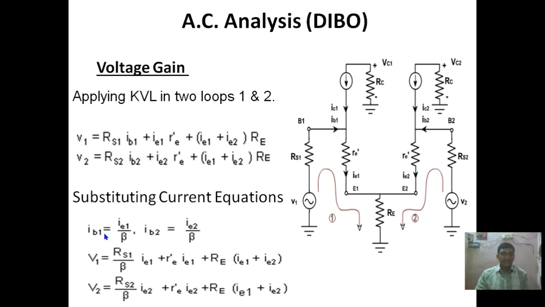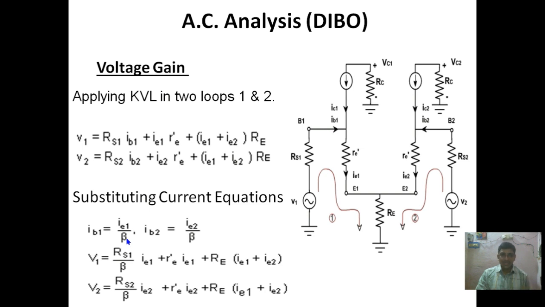If you rearrange the equation, IB is equal to IC by beta, but we know IC is approximately equal to IE. That's why I am replacing IC with IE. So in this case, IB1 is equal to IE1 by beta.